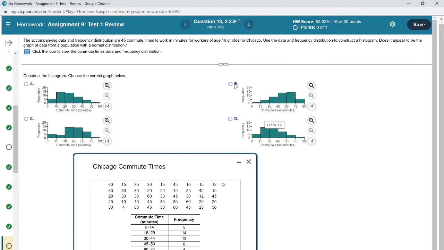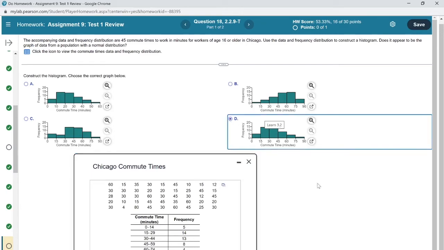So the right one should be B, C or D. From 0 to 14 there is 5, so if you check B, this is less than 5, so B is not the right answer. If you check C, that's 5, that's right. D is also 5. Let's go to the next interval from 15 to 29, 14. But if you check C, from 15 to 29, it's not 14. So the answer is D.